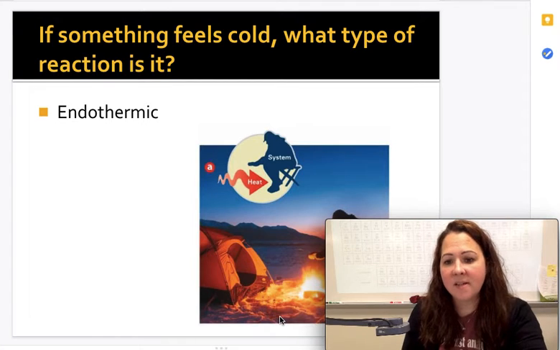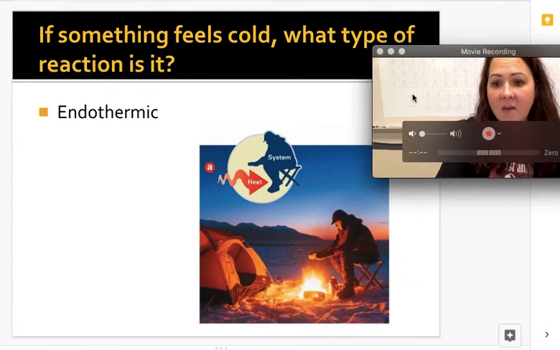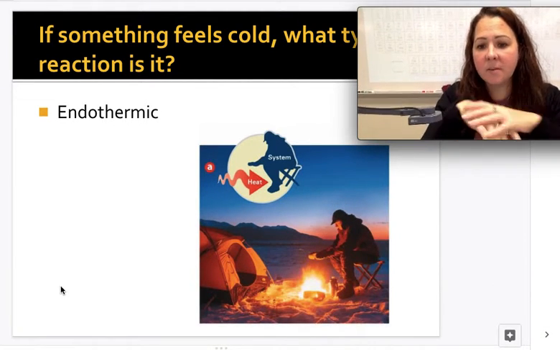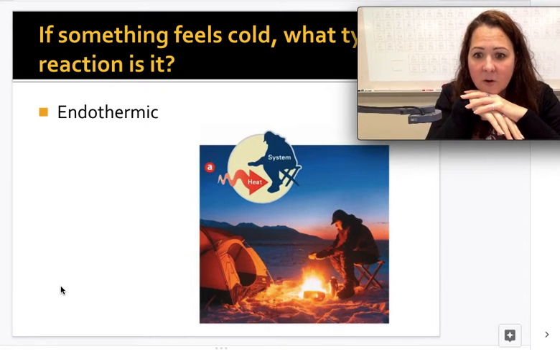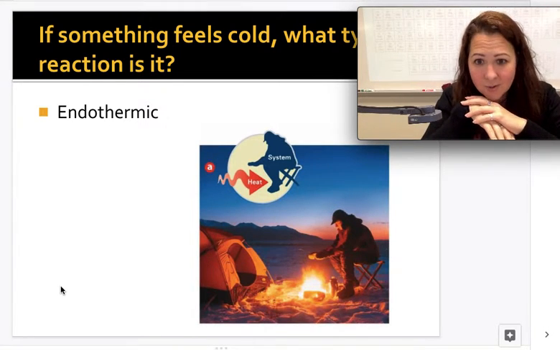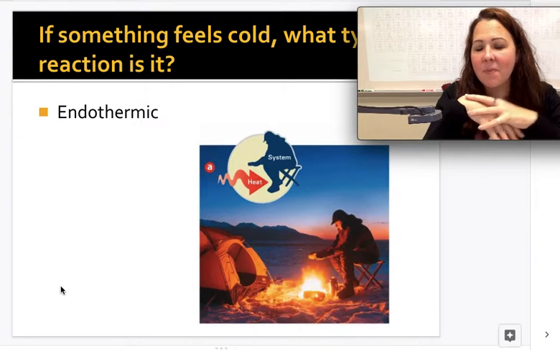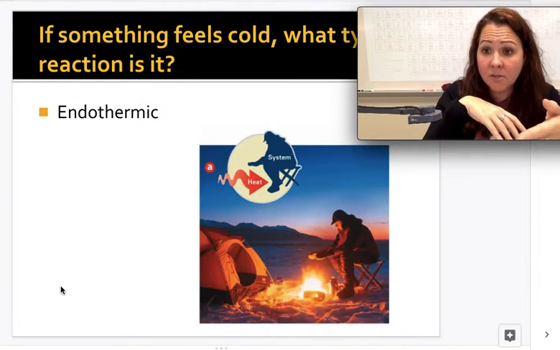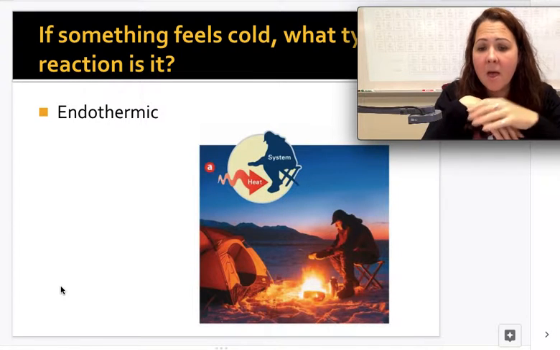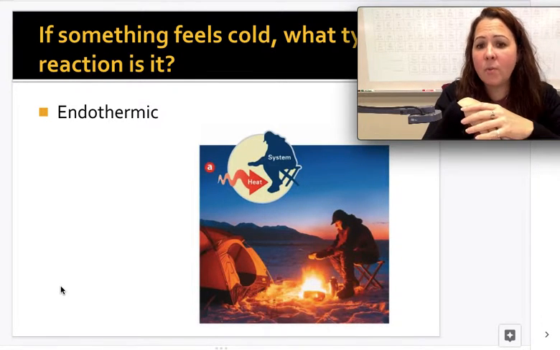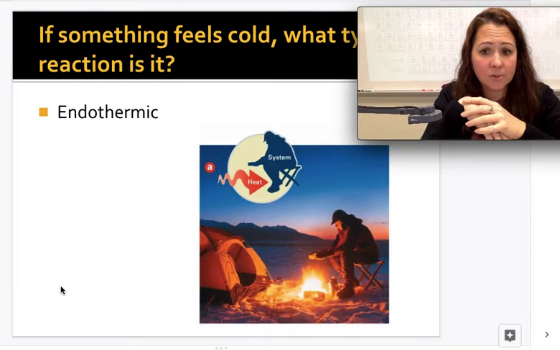So in this case, I've got a person sitting by a campfire. And with the person sitting by the campfire, you look at this and you say fire, heat, that's hot, exothermic, but that's not actually the case in this one. So we are looking at, in this case, the person that is sitting by the fire. And if the person is the system, we want to know, is that person endothermic or exothermic?